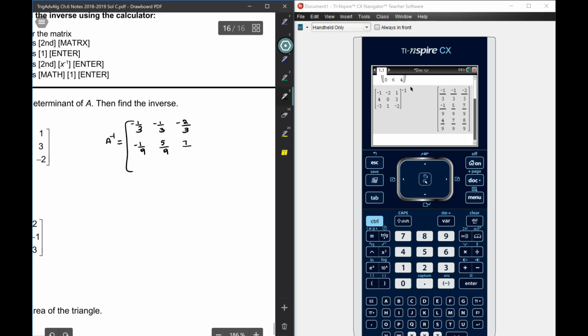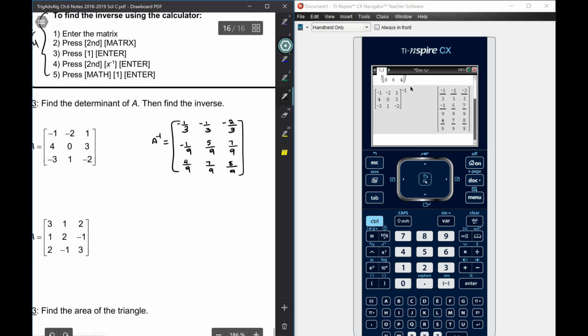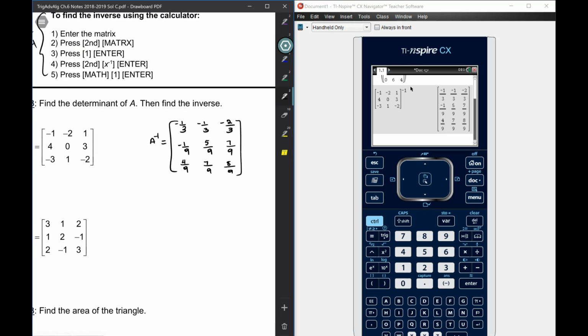See if your matrix was input correctly. If you're even off by a number, your determinant will be different, hence the inverse. Okay, so that's A inverse. Now, please make sure that you put your inverse in fraction form.